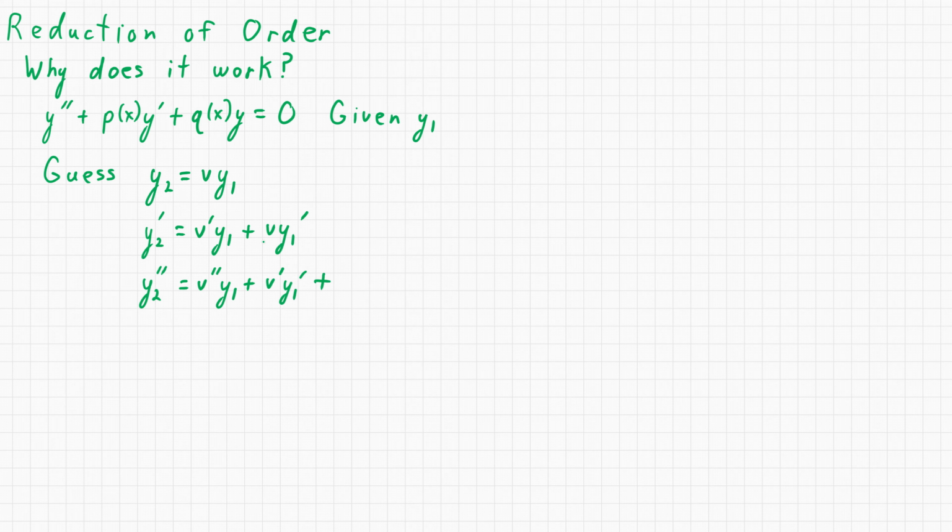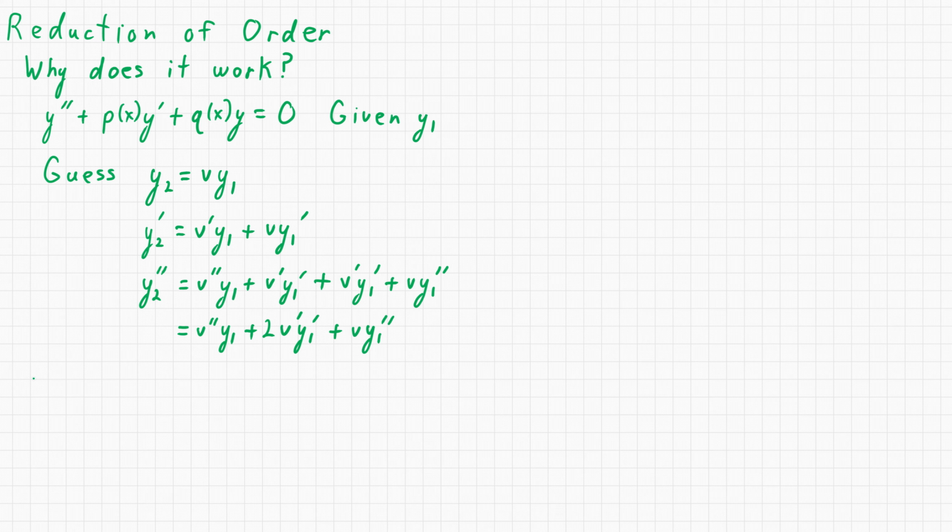Then we have the product rule for the second term, that's v prime y1 prime plus v y1 double prime. And I can simplify that a little bit. That ends up being v double prime times y1 plus 2 v prime y1 prime plus v y1 double prime.